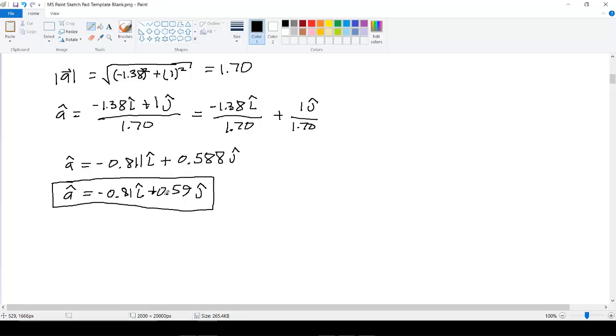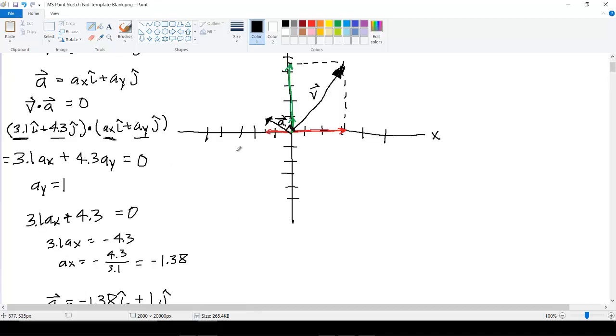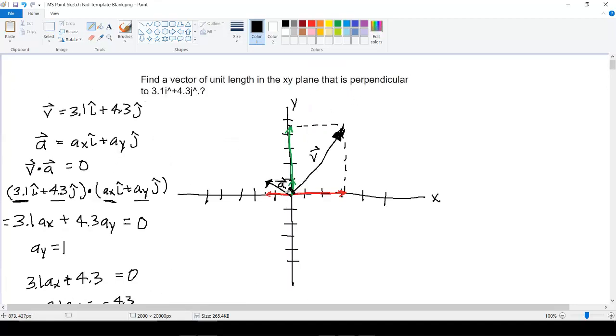Alright. That vector has 1 unit in length, and it's perpendicular to vector v. So essentially it would look like vector A here, but let me choose a color. It would be shorter. It would be something like this. Just a short little vector, same direction as A, but only 1 unit long.